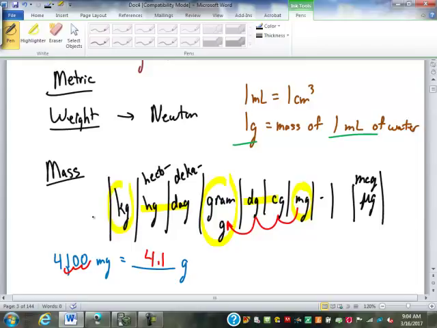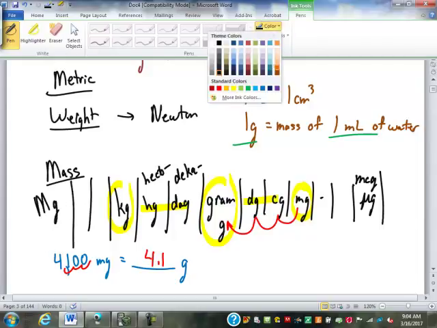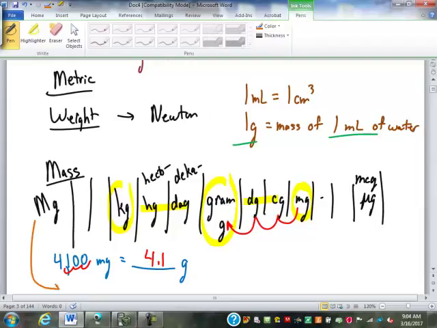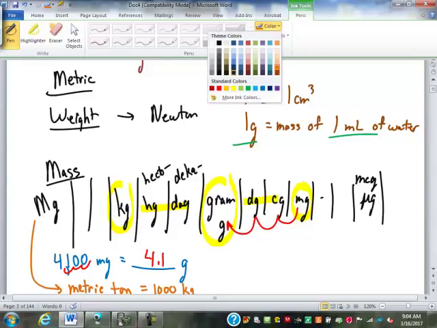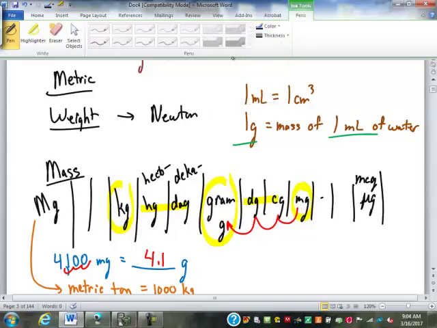On this end, of course, there's no 10,000 or 100,000 either. We jump up to a million, which is the megagram. 1 megagram is defined to be a metric ton. Now, more common than calling it a megagram, they usually just call it 1,000 kilograms. So 1,000 kilograms is a metric ton. 1 kilogram, by the way, this book says 2.2, but it's like 2.208 or something like that pounds.